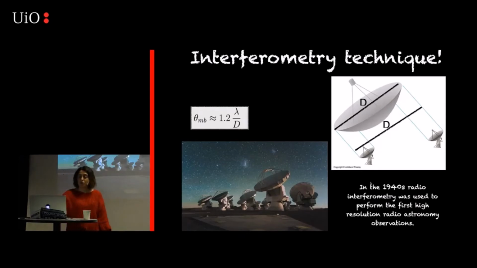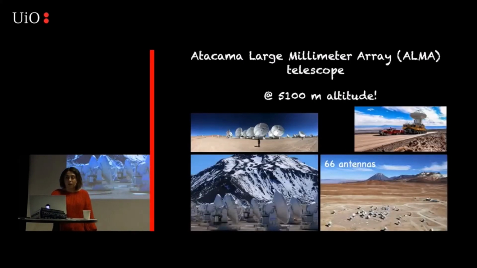I'm going to show you some results of the interferometry technique. The Atacama Large Millimeter Array is currently the most powerful radio antenna array, which contains 66 antennas, and it's located at an altitude of 5,100 meters in the Atacama Desert in Chile.